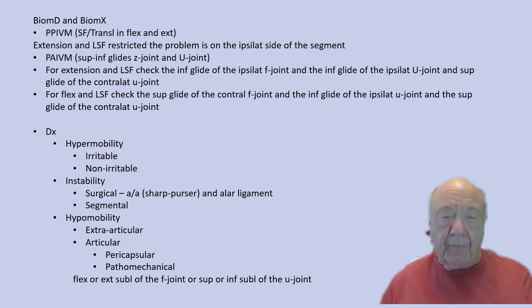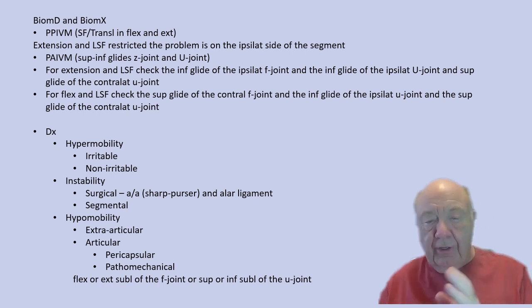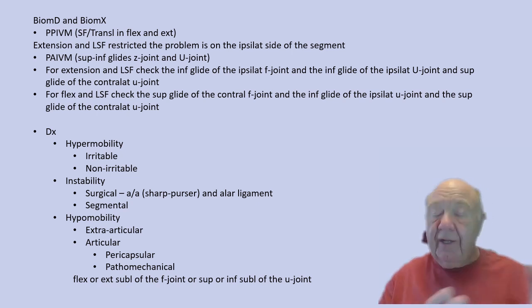The diagnosis we can make from this is the same as it was for the lumbar spine: hypermobility, irritable and non-irritable, instability, surgical instability such as Sharp-Purser test with an AA instability, an alar ligament instability. These are ligamentous instabilities, posterior longitudinal ligaments, and so on. In the spine, you get the same thing.